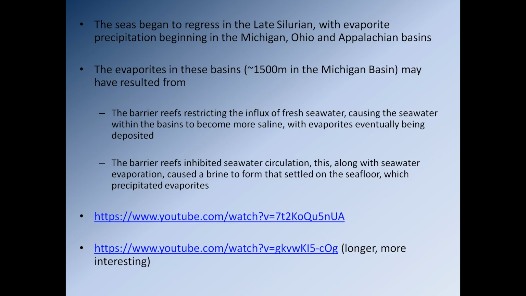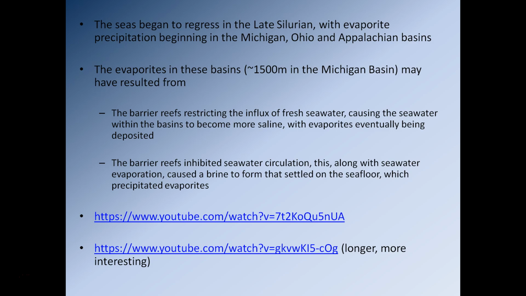The other way these evaporite layers could have formed is, once again, same situation. The basin becomes isolated due to the reefs, the water begins to evaporate away, and so the water steadily becomes more and more salt rich. It becomes more and more rich in dissolved minerals as more and more of the water is lost. This means some of the water in the basin is going to become very, very heavy because it has lots and lots of dissolved constituents in it.